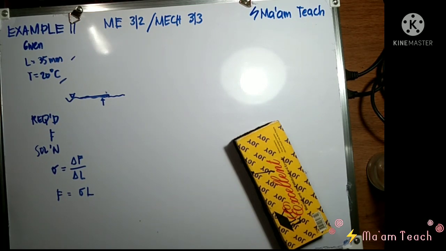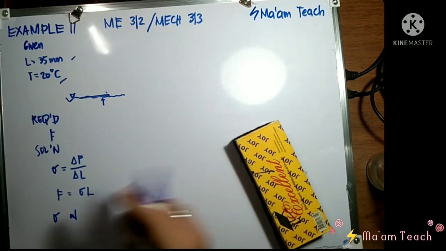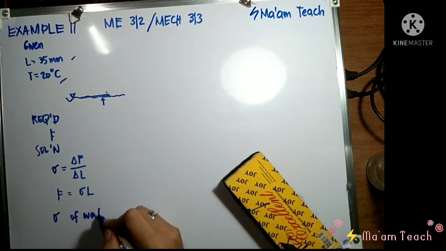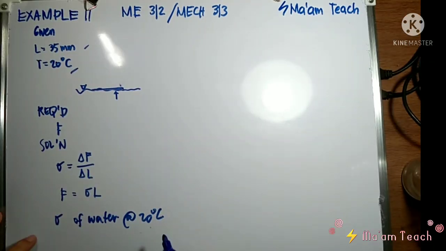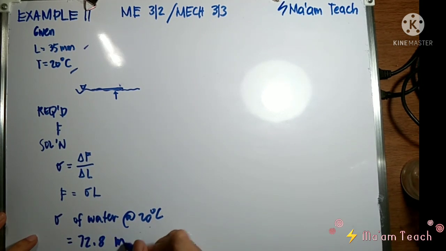But rather, class, if you search on the internet the value of the surface tension of water at 20 degrees Celsius, the value is 72.8 millinewton per meter.